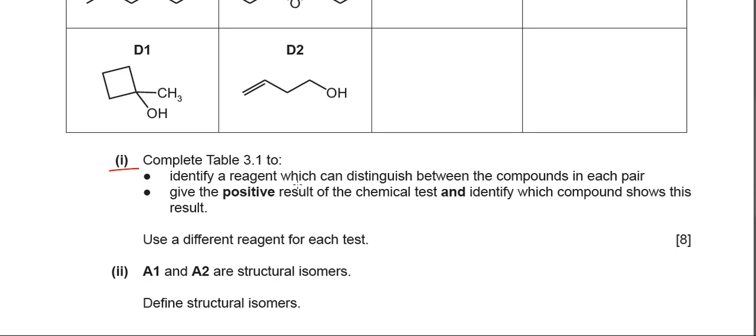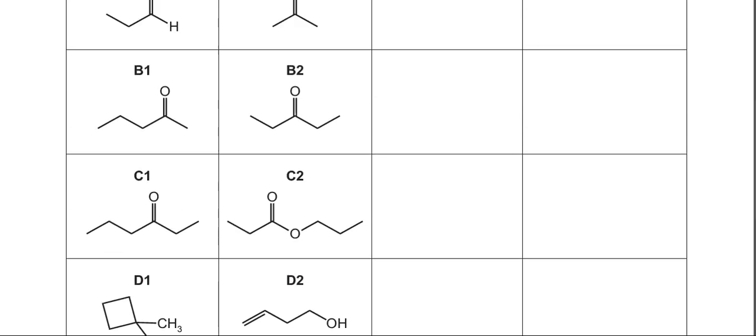Identify a reagent which can distinguish between the compounds in each pair. The second instruction is give the positive result of the chemical test and identify which compound shows this result. So keep these instructions in your mind. Now I'm going to solve the question.